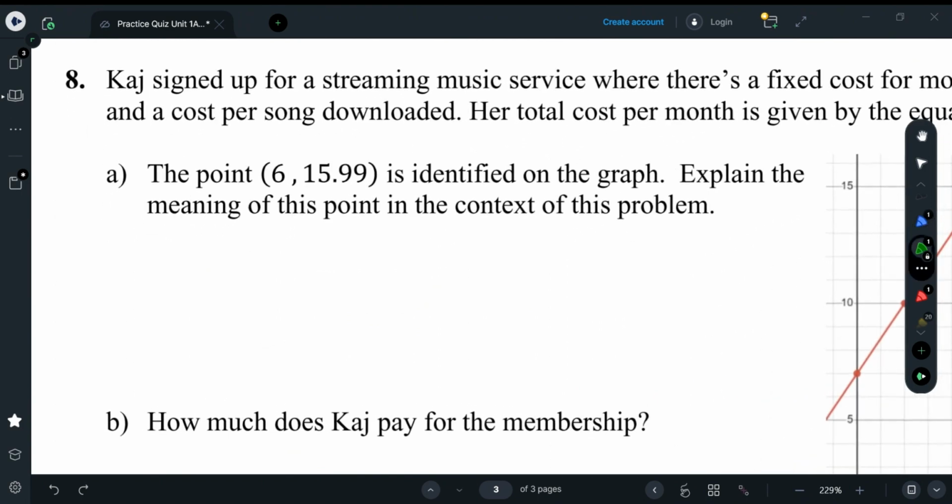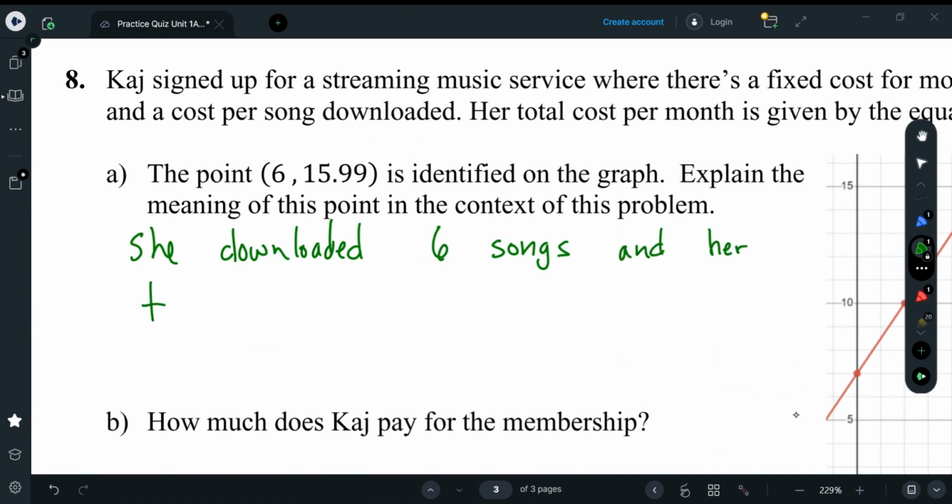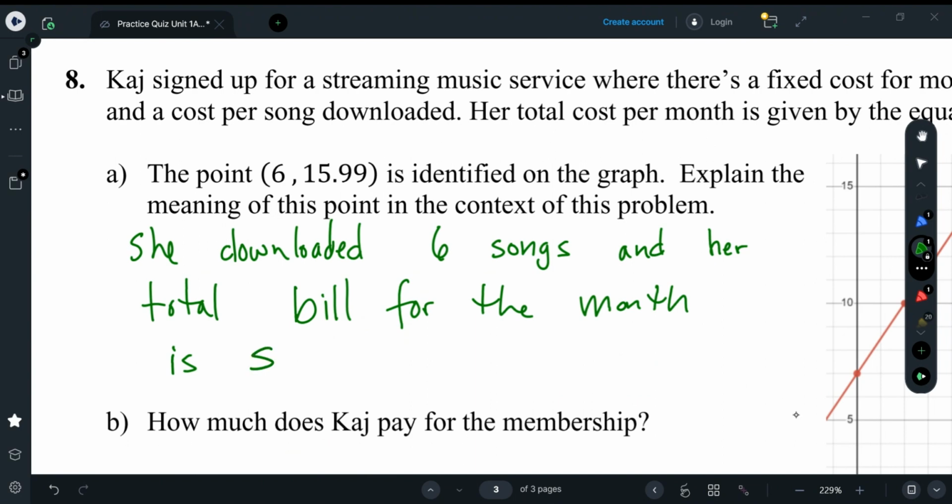The meaning of this point. Okay, there it is. Something like that. You can put it in your own words.